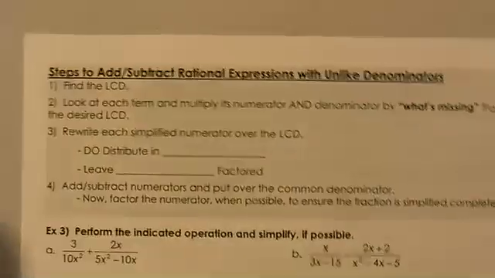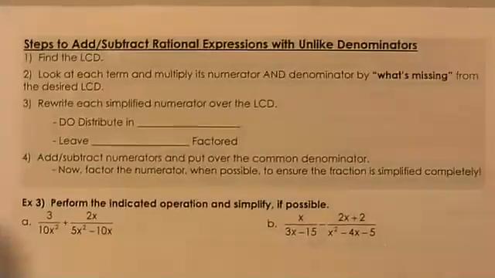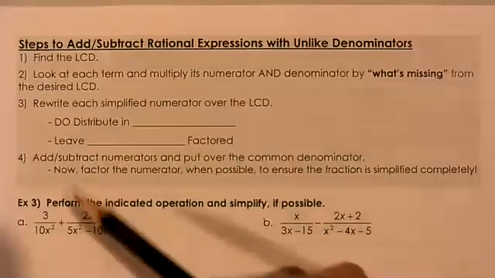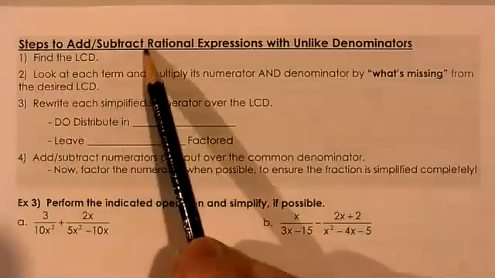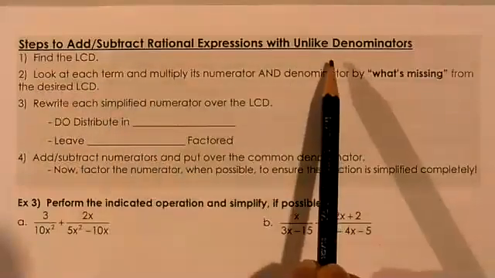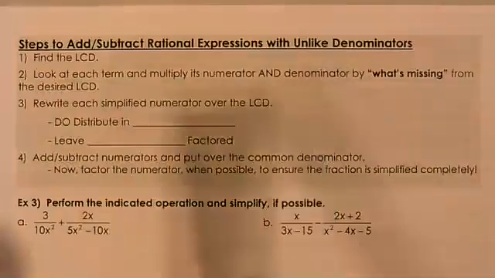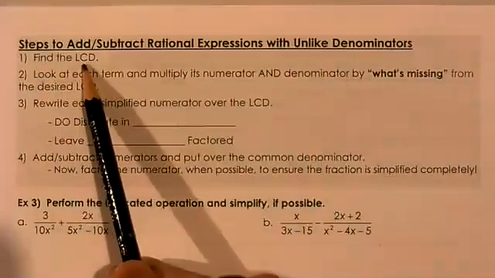So on the flip side, now we're going to start looking at it a little bit more complicated when we're talking about x's. So just like we got done talking about, we're going to do the steps for adding and subtracting if we have unlike denominators. First, we've got to find a common denominator.